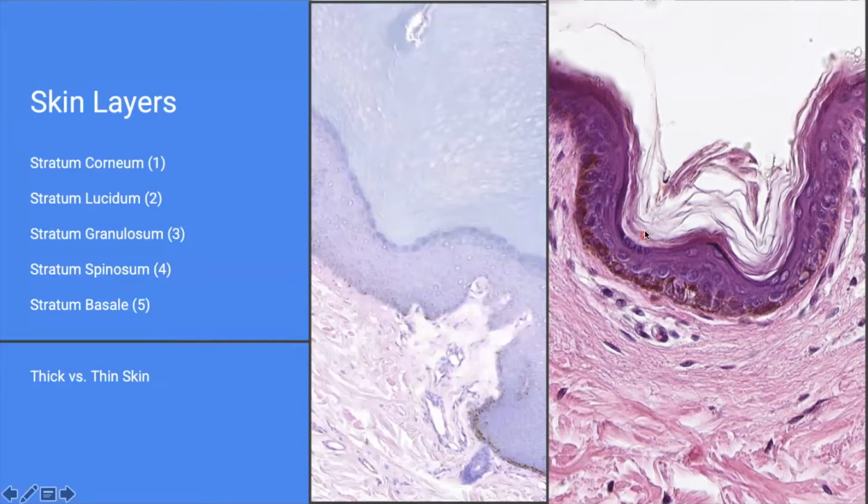A very well-defined keratinizing layer, stratum spinosum, and then stratum basale layer. Okay. So just the differences, try to recognize those because it could be a testable question. Just where in the body would this have been taken from? Something along those lines.